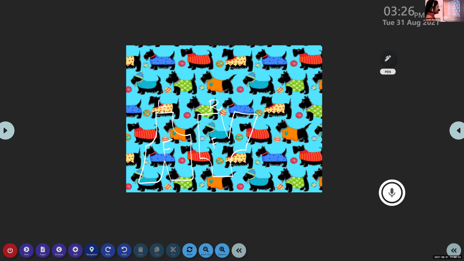What is the difference? The left pattern is having orange, blue, and red dogs, whereas in the right side pattern, it is blue, yellow. Is that the difference? What is the difference, Anna?